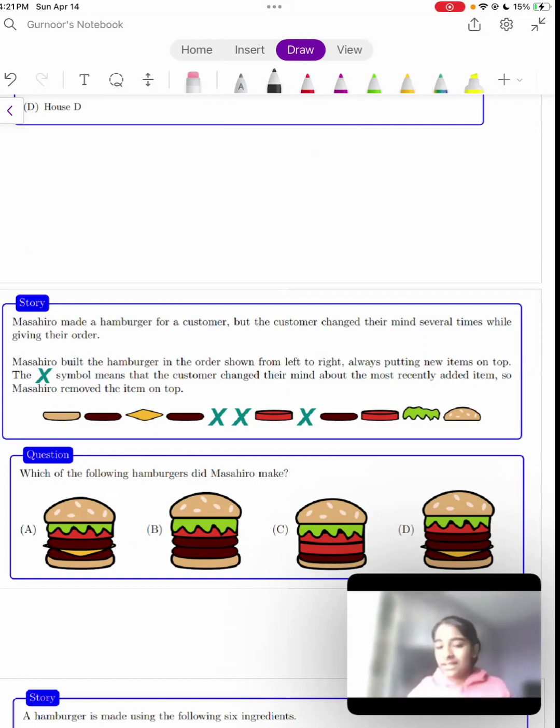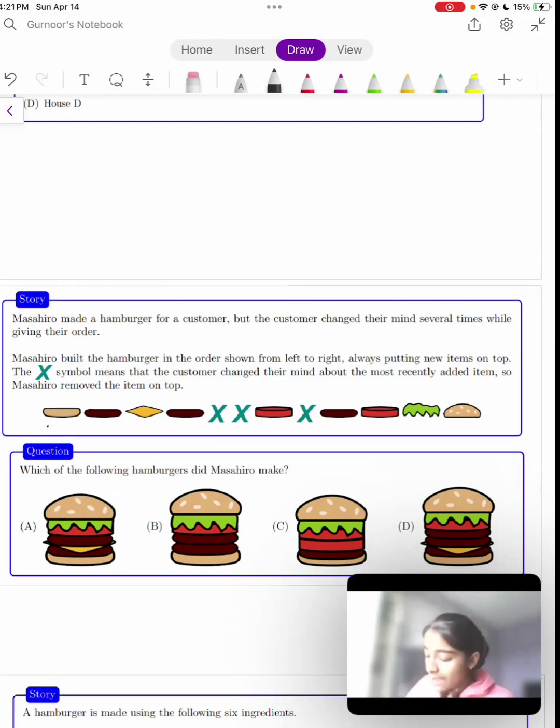So now let me explain what the question says. Here we have the bun, the bread, then the patty, then cheese, then we again have the patty. But now we have the cross, which means the last item added, which was the patty, is going to be removed. So that's crossed out. Now we have another cross. What does that cross mean? That cross means that the patty is now removed, so the item on the top is the cheese, and that's going to be removed as well.